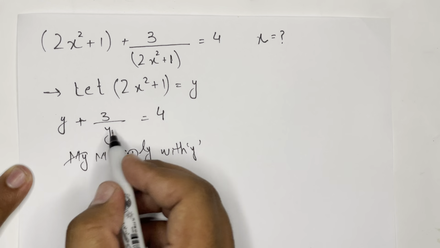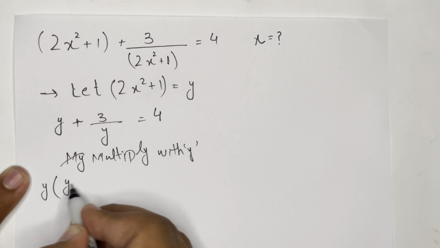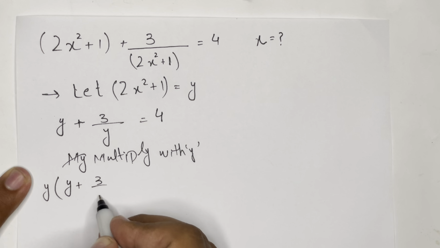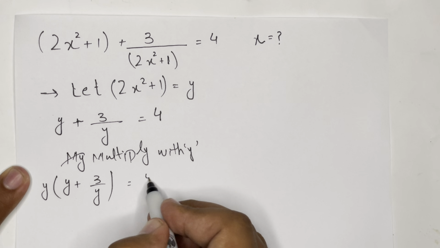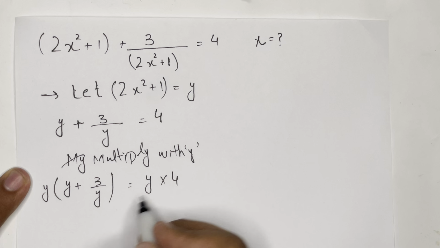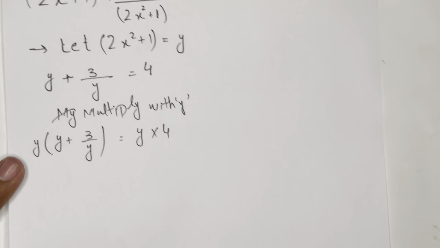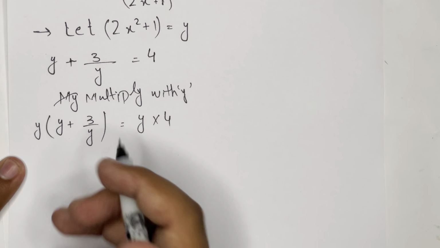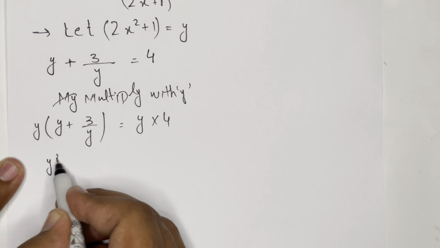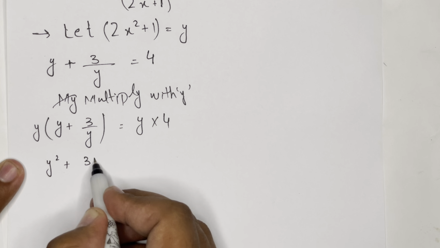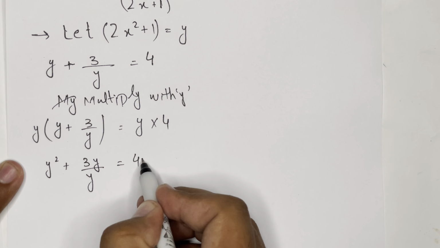So I am going to multiply y into y + 3 over y equal to y multiplied by 4. Now I am multiplying this y inside: y times y is y² plus 3y over y equal to 4y.